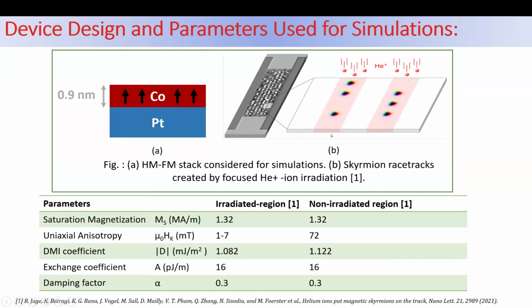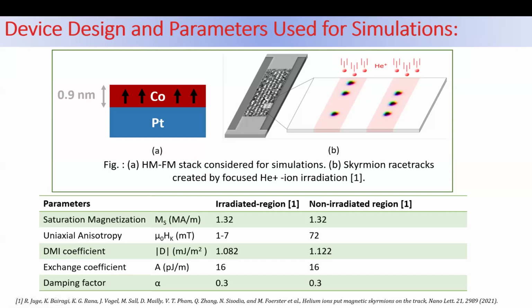So the helium plus ion itself can change the material parameters of the ferromagnet layer. The helium plus ion can reduce the uniaxial anisotropy and the DMI coefficient of the particular region where it is irradiated.